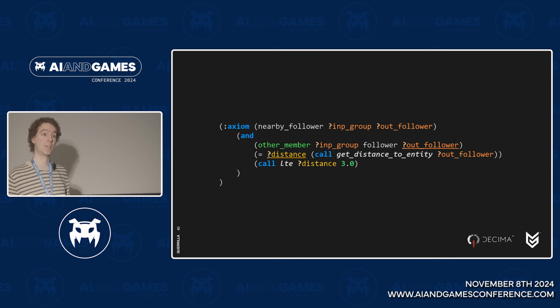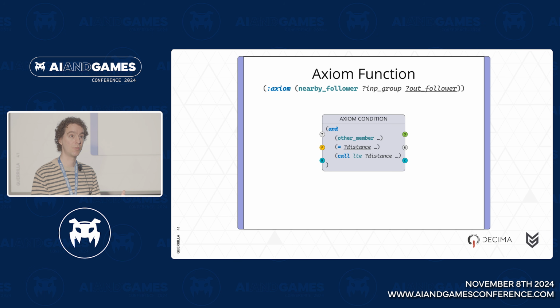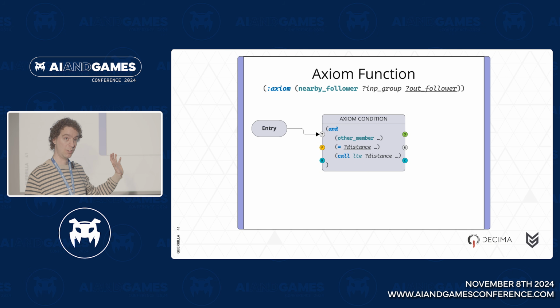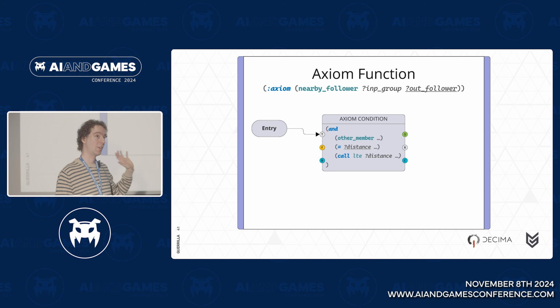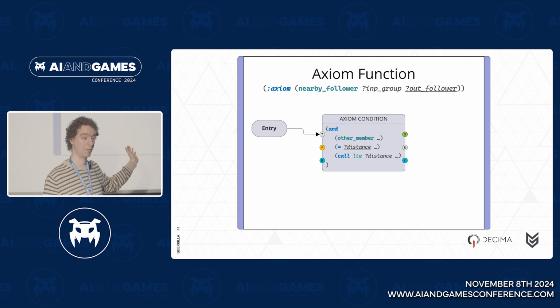So the first view is that of the Axiom function that has generated code for this specific condition. On entry of this function, we'll evaluate this condition, and we'll come back to this later. This corresponds to our Axiom definition.